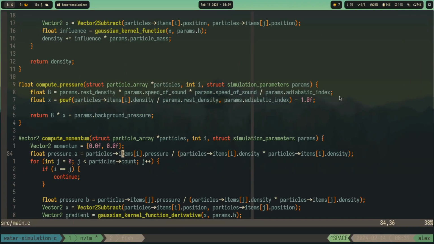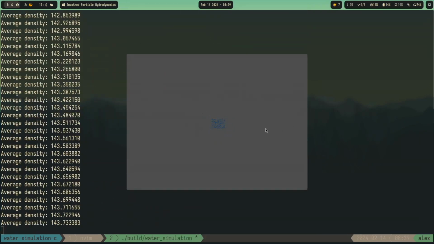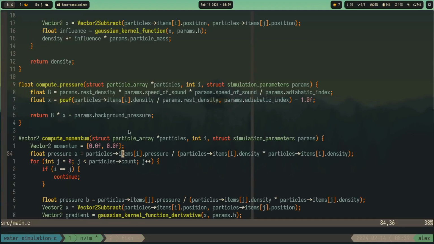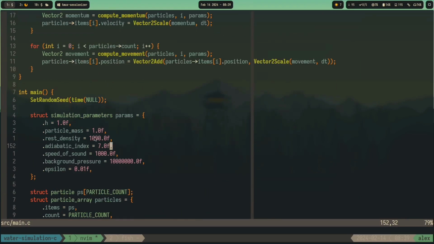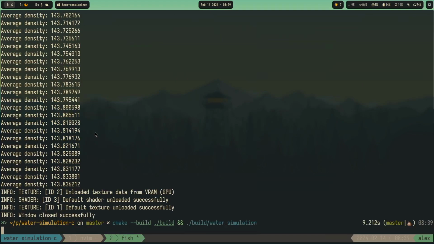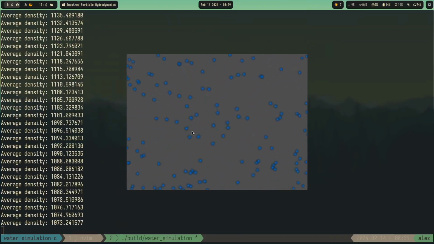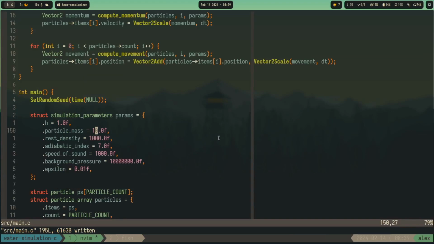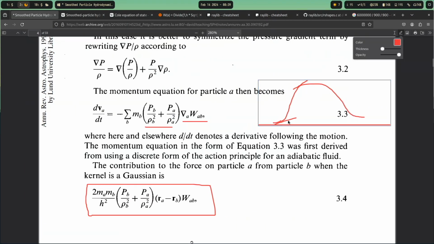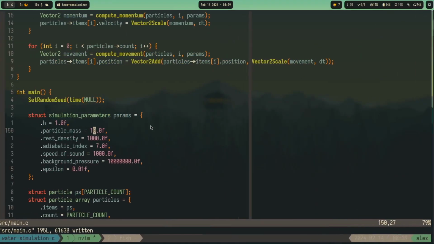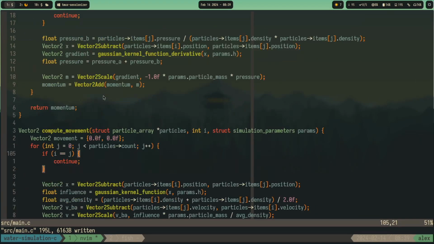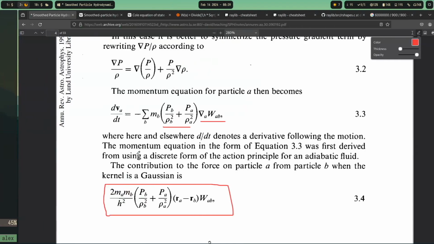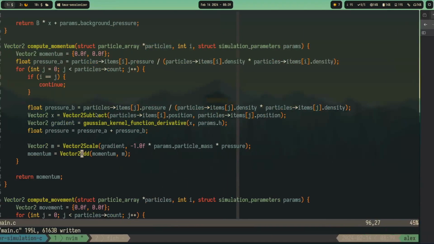Maybe you saw in the simulation, at least here it moves really quickly, but you can't see anything because it's too small. But it moves out really fast at the beginning and then it slows down, right? That's because of the slope of the kernel function. So, even the compute momentum looks fine. It gives us basically the direction in which we want to move.